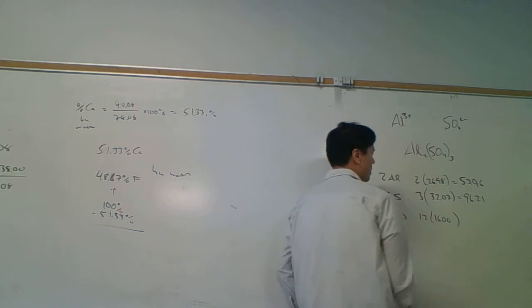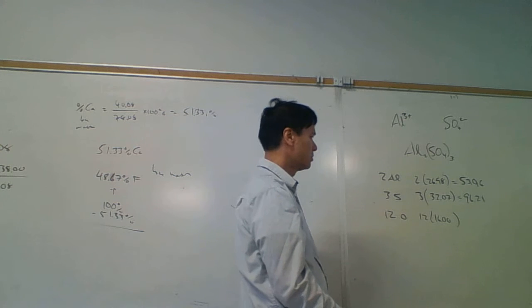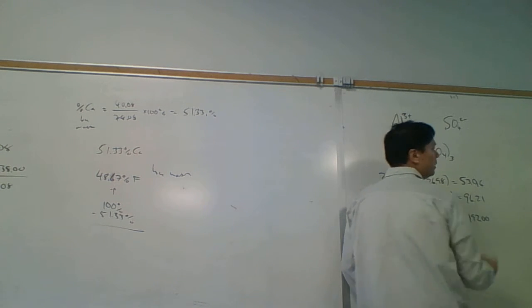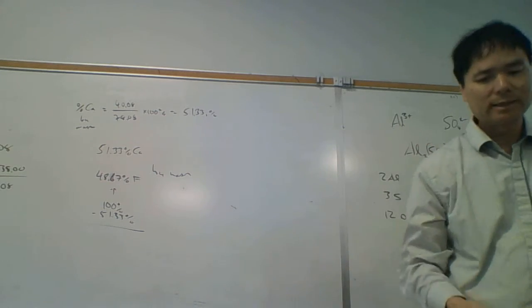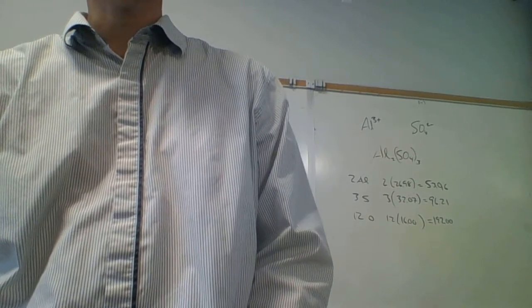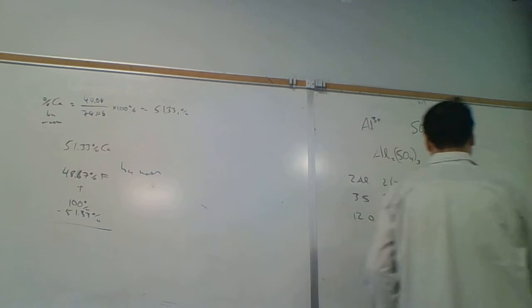So 10 times that would be 160, plus another 2 would be 32, so 192. The reason I like to keep these numbers like this is so I can do as much of it in my head as possible. It's faster than punching it into the calculator usually. So try to keep the numbers simple.